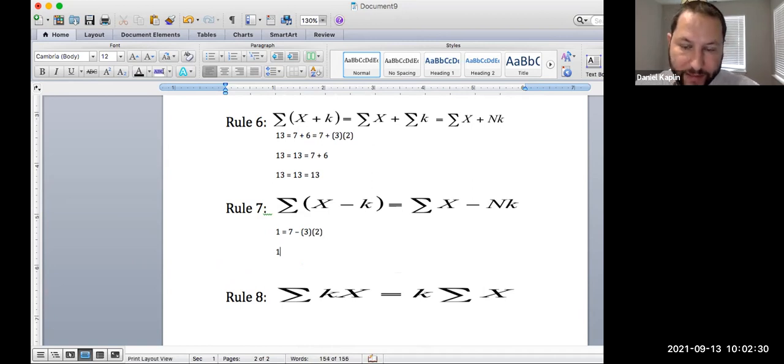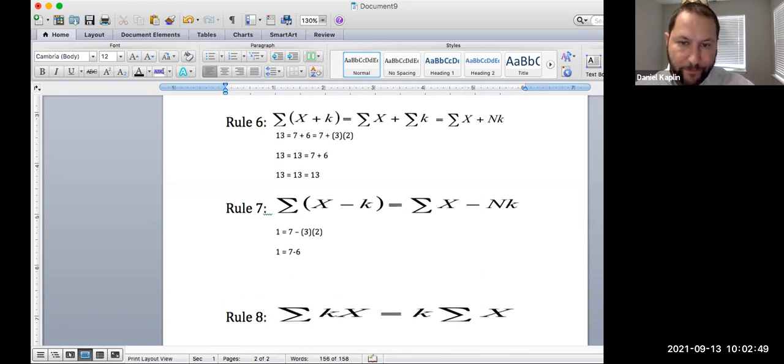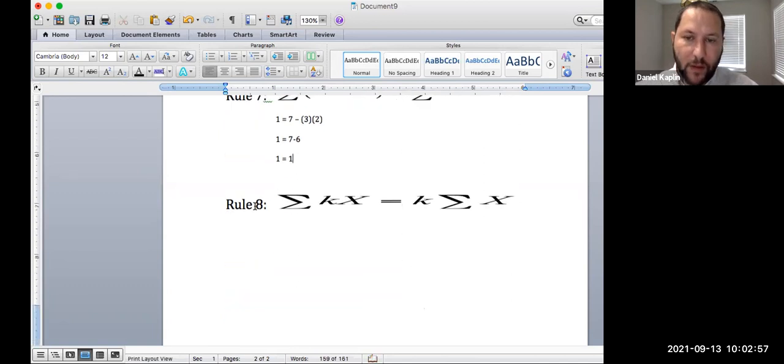So 1 is equal to 7 minus 6. Now, notice that PEMDAS is at play, right? Because I'm multiplying before subtracting, so I did 3 times 2 before the actual other work. So 1 is equal to 7 minus 6. So 1 is equal to 1.